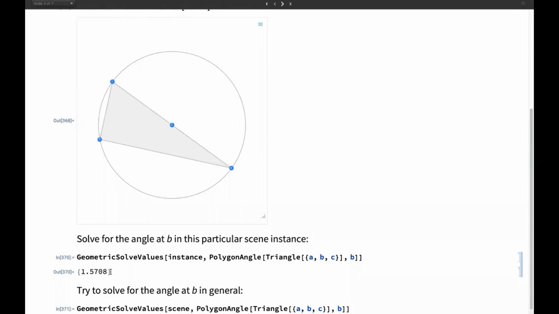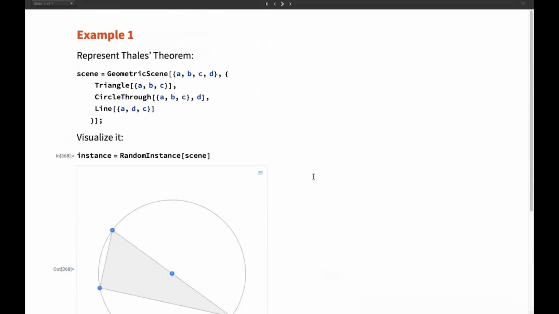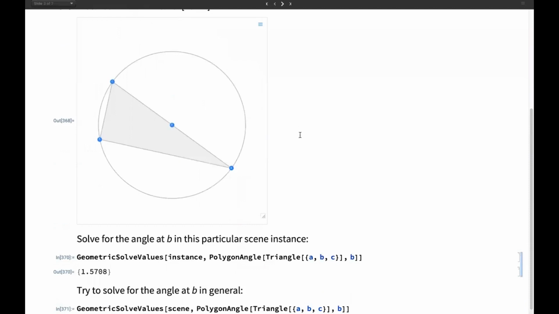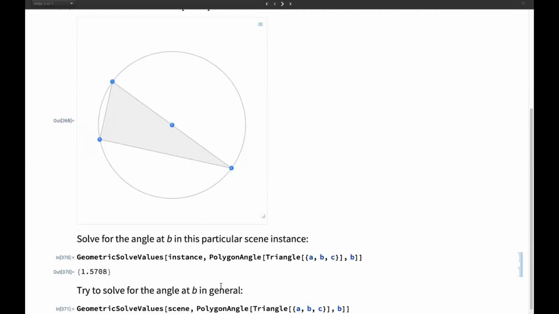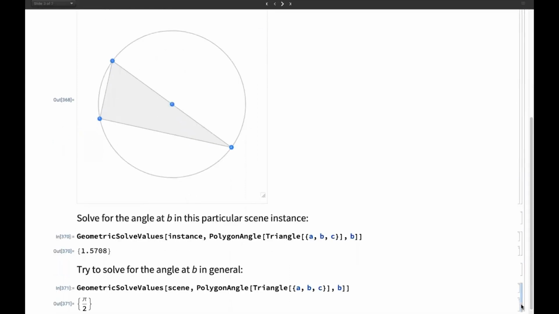If we want to solve for this angle at B in general, not based on this particular scene but just based on our abstract scene, then instead of inputting this particular scene instance, we just input the abstract scene for the first argument.